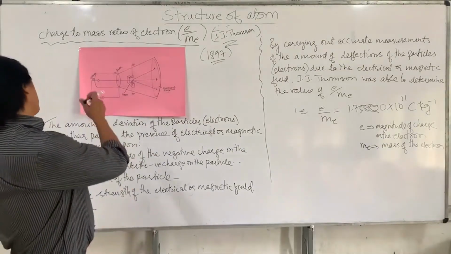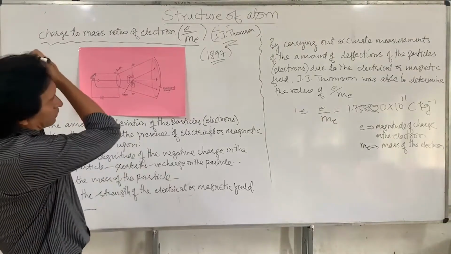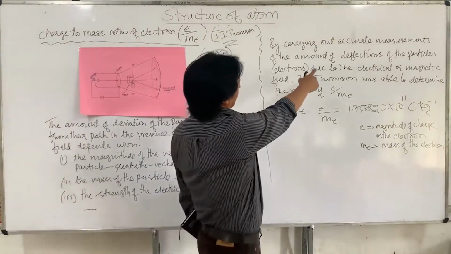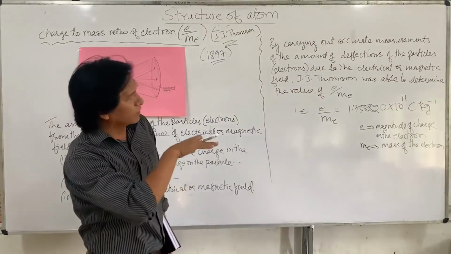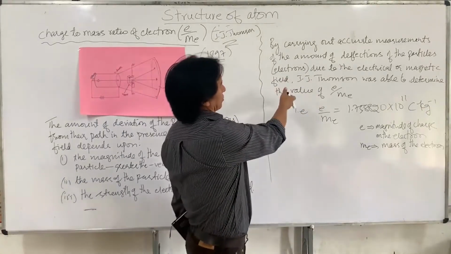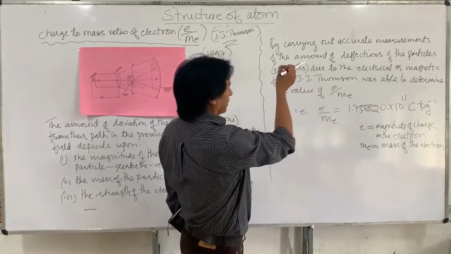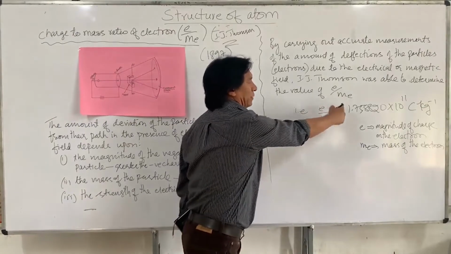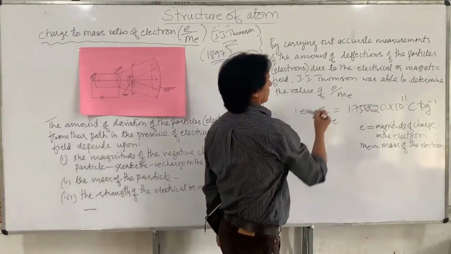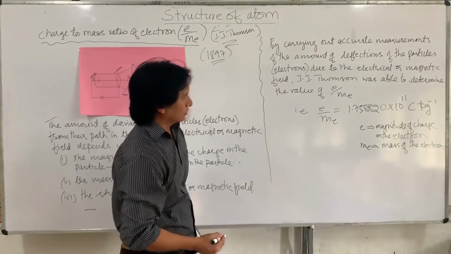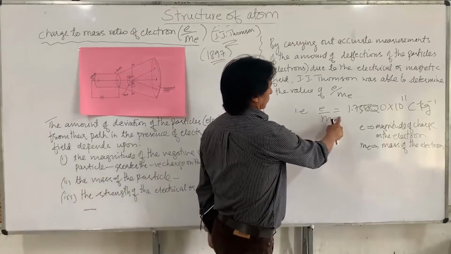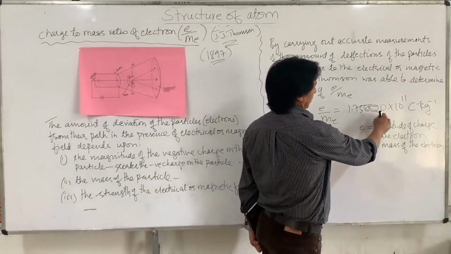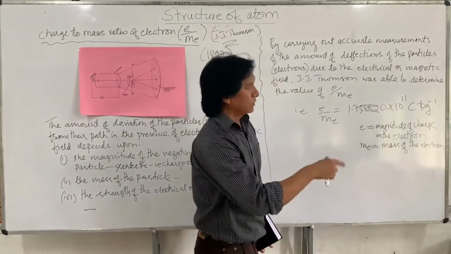That's it. Now, based on the things done in this experiment, by carrying out accurate measurements of the amount of deflections of the particles, that is the electrons, due to the electrical or magnetic field, J.J. Thomson was able to determine the value of e by m_e, that is the charge to mass ratio of an electron. e by m_e is equal to 1.758820 into 10 raised to the power 11 coulombs per kg.